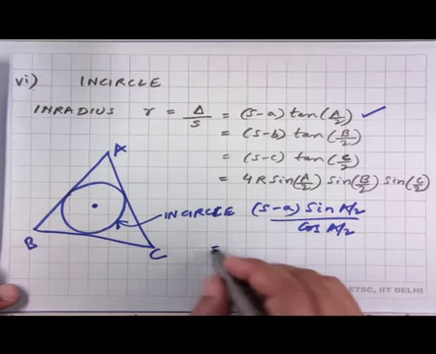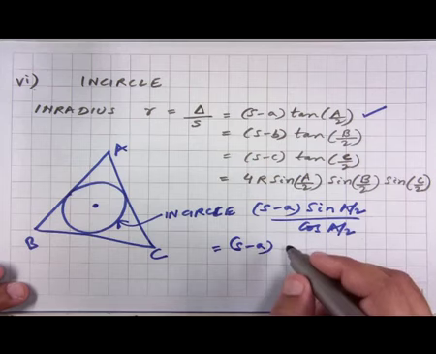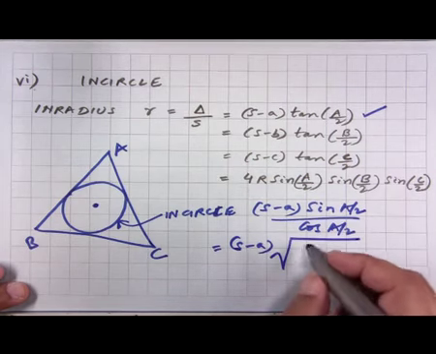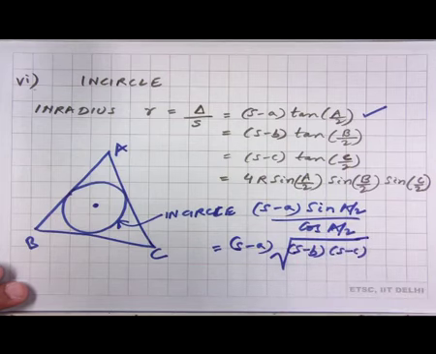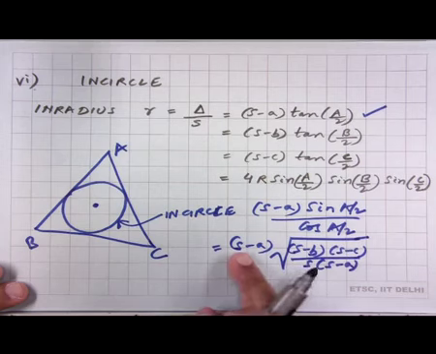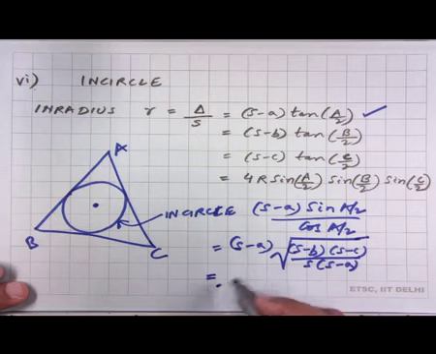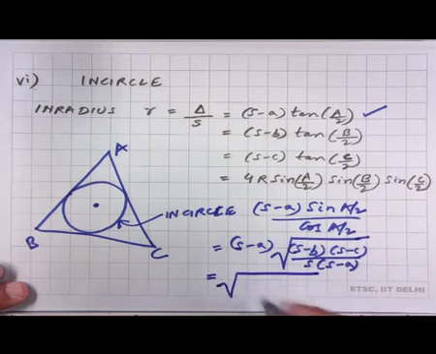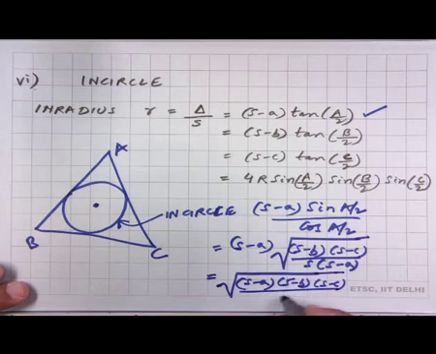This is therefore equal to (s minus a) into the root of (s minus b) times (s minus c) over s into (s minus a). And then by taking s minus a inside, what we get is that this is equal to the square root of (s minus a) into (s minus b) into (s minus c) over s.